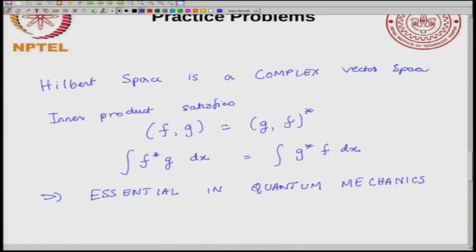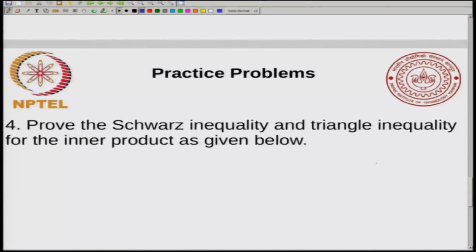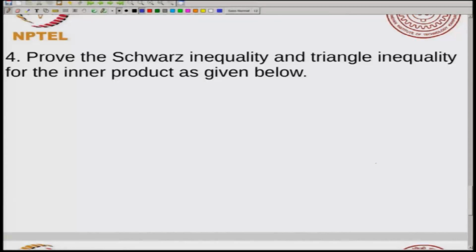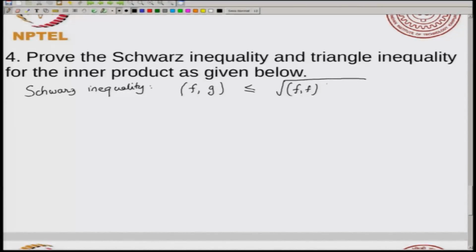Okay. So, the next practice problem is to prove the Schwarz and triangle inequality for the inner product as given below. So, what is the Schwarz inequality and what is the triangle inequality? Okay, and we will prove this in general. So, I will just tell you what the Schwarz inequality is. For any inner product space and for any inner product, the Schwarz inequality basically says that if I take an inner product of f g, that should be less than or equal to the square root of f f and g g.